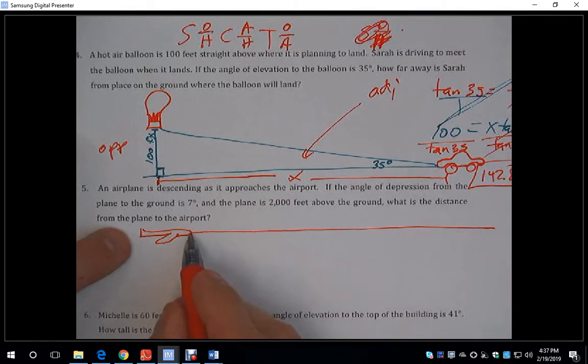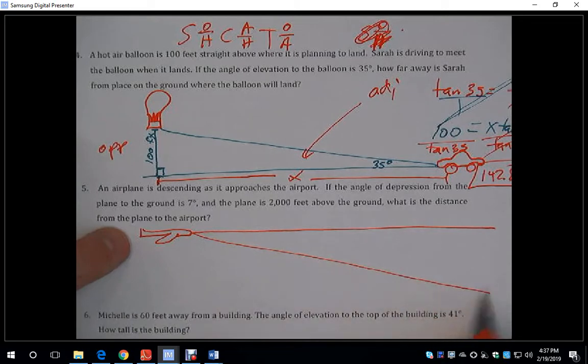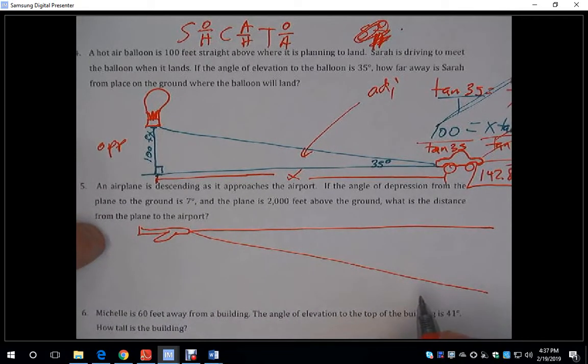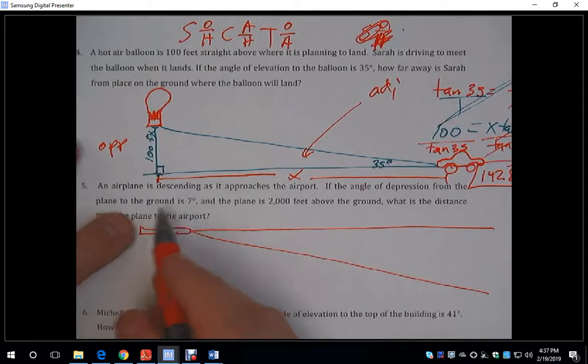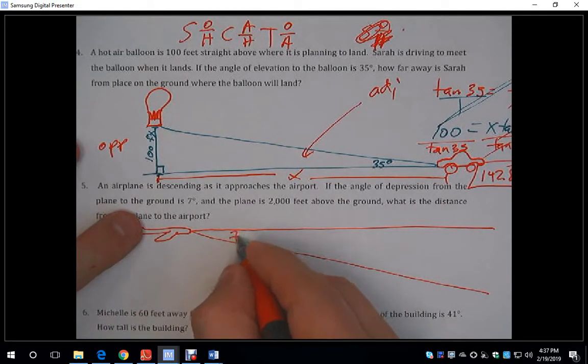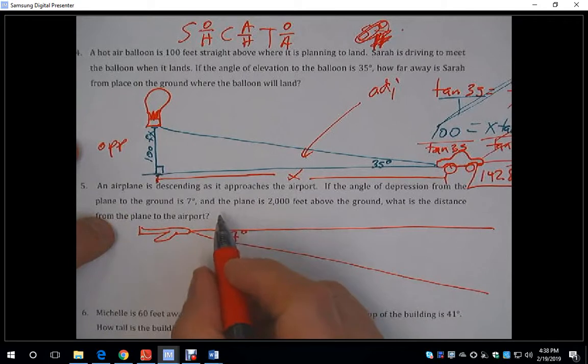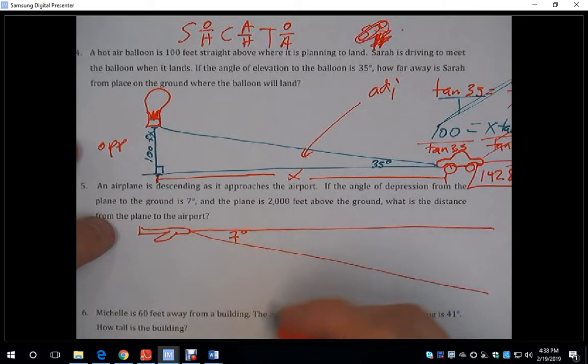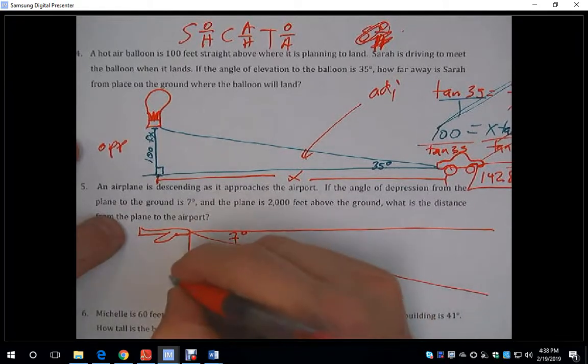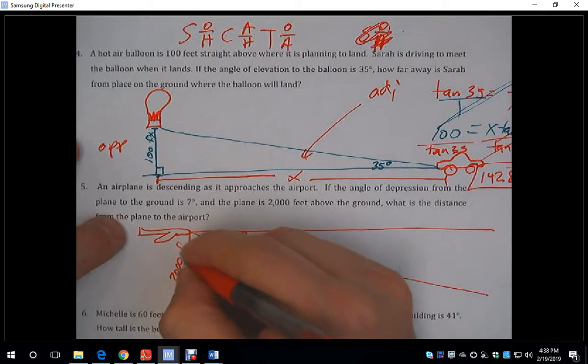But it is descending down towards an airport down here. If the angle of depression from the airplane to the ground is 7 degrees, so that would be 7 degrees, and the plane is 2,000 feet above the ground, so this would be 2,000 feet right here.